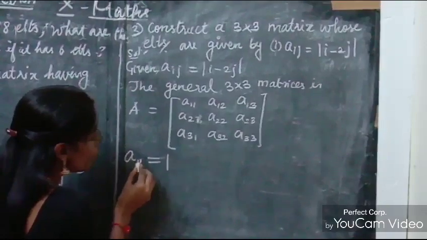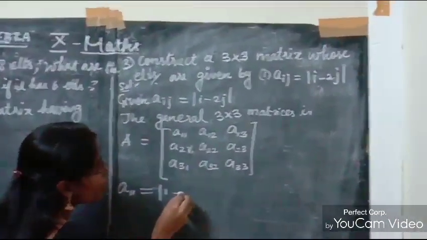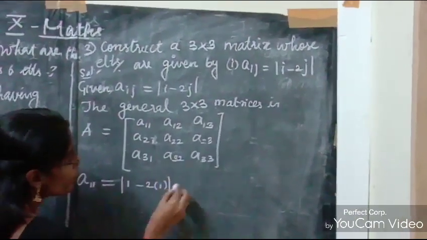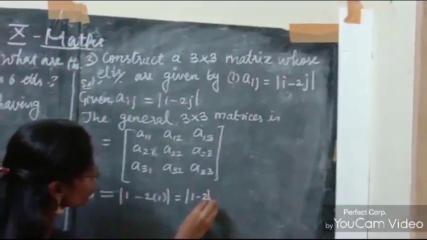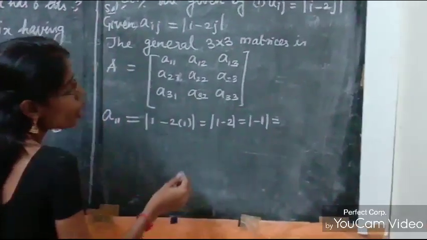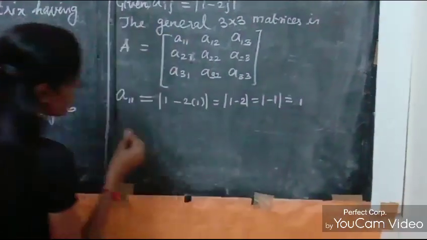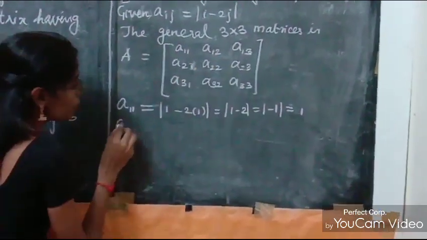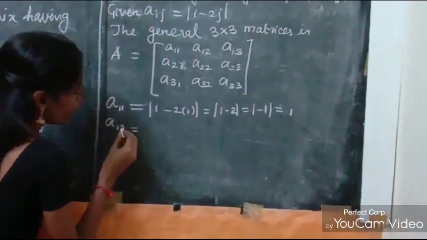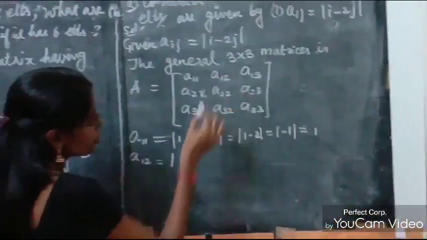What's the i value? i is 1, j value 1. 1 minus 2 into 1. 1 minus 2 is equal to minus 1. Modulus of minus 1, the value is written as positive, plus 1. Then A12. Find A12. i value 1, j value 2.